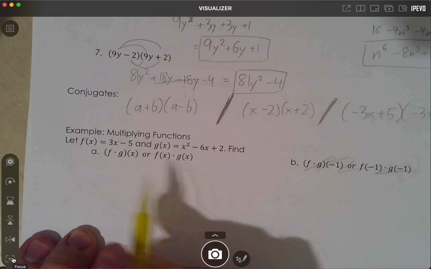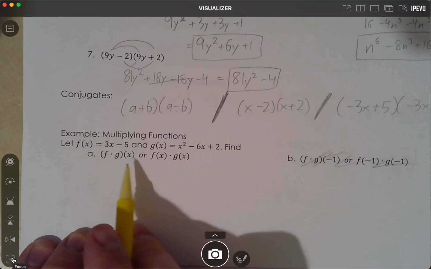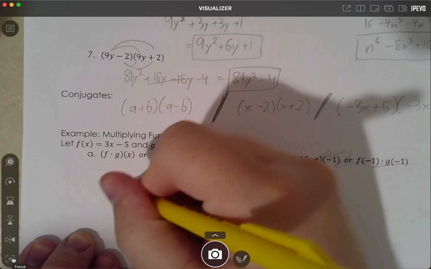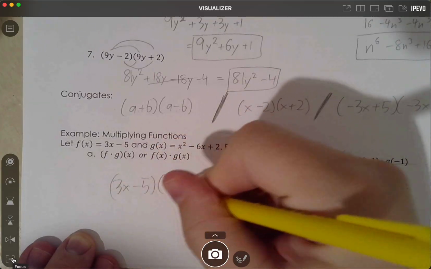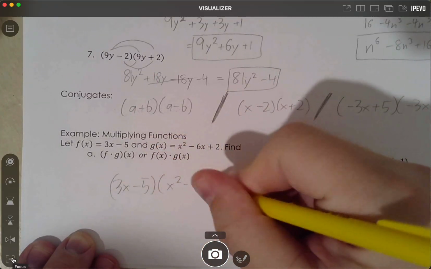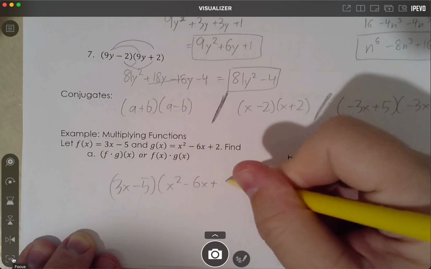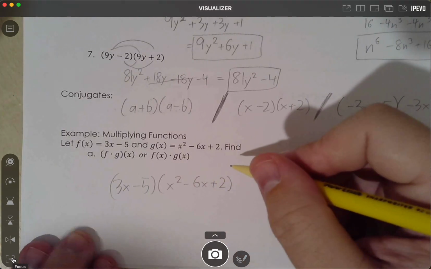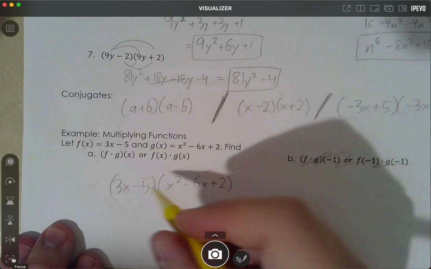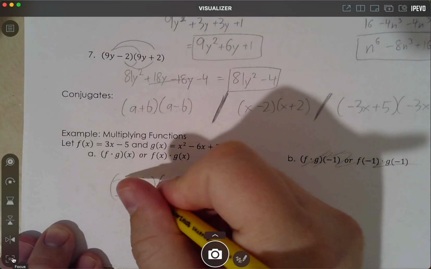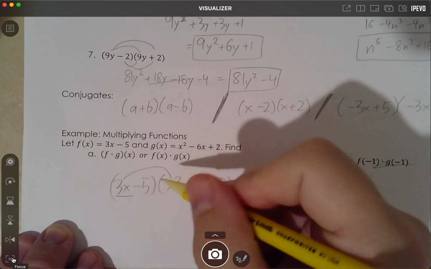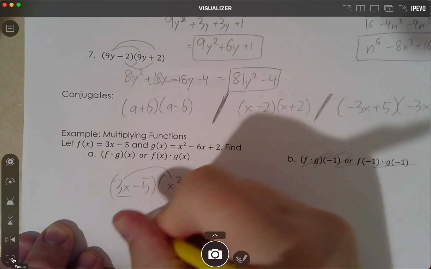Because sometimes things like this happen, where they want you to multiply maybe a binomial to a trinomial. And now the word FOIL doesn't work because you're not going to have a first, outer, inner, last, because you're going to do multi-term distribution. I'm going to take term 1 from the left-hand side and put it to all terms on the right-hand side.